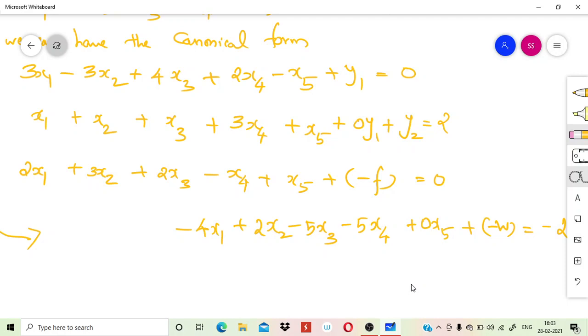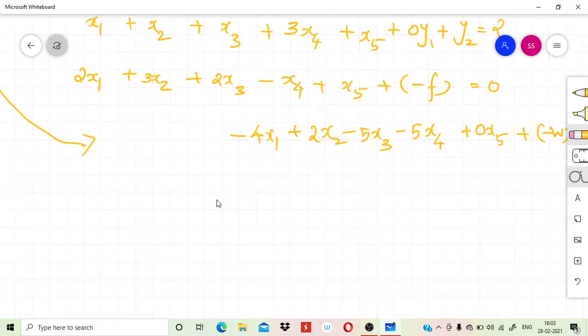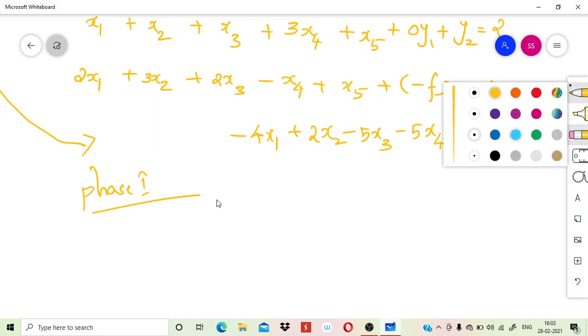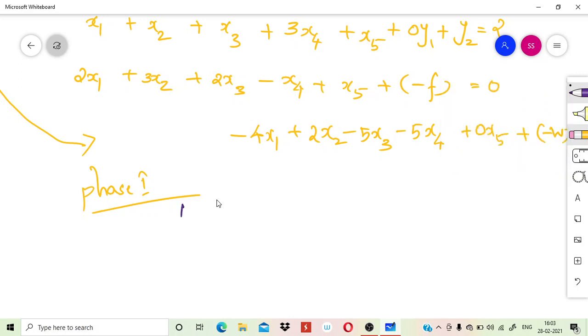In phase 1, we will consider the basic variables equal to our artificial variables.